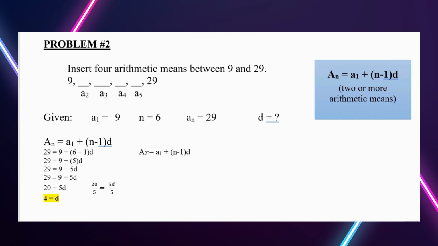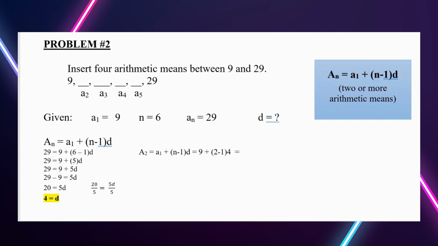Therefore, we have to find first the value of the second term using the formula. Let us substitute the value of a sub 1, which is 9, plus n, ang pang second term natin, which is 2, minus 1 times the computed common difference, which is 4.